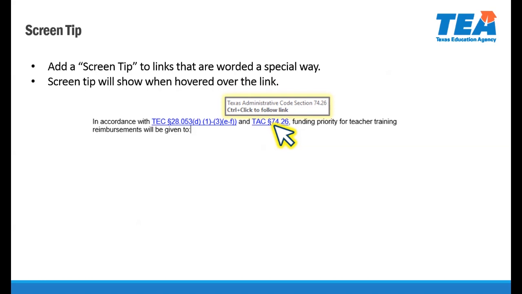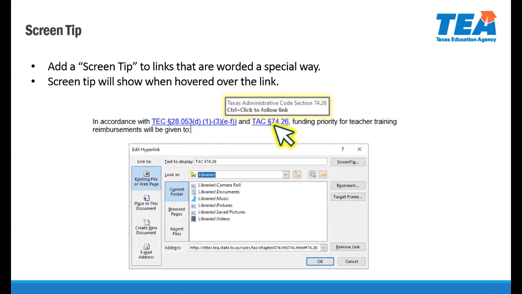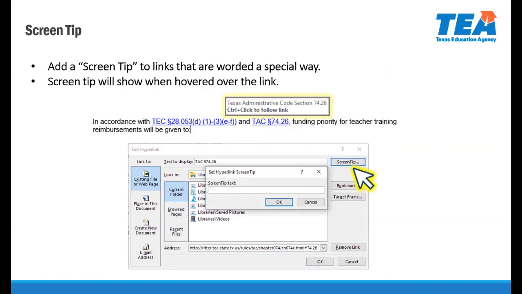We start by editing the link so we can get the hyperlink window open. On the top right, the screen tip button will appear. When you click on that, another window appears. This is where you add your text for the screen tip. For this example, we're going to write out what TAC means and also add the word section for what that symbol on the link means.